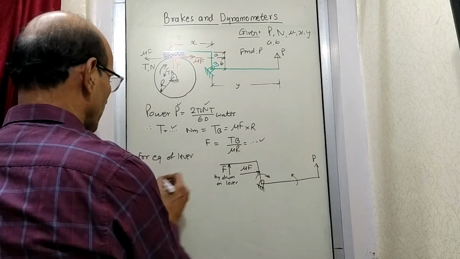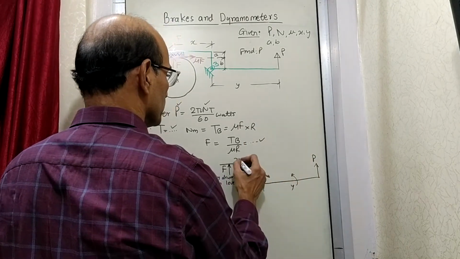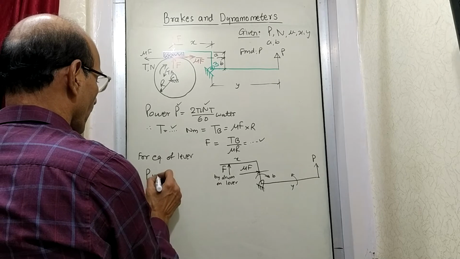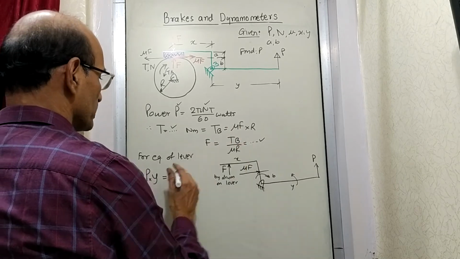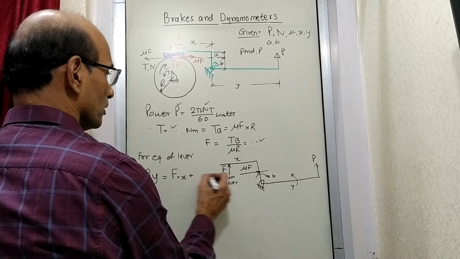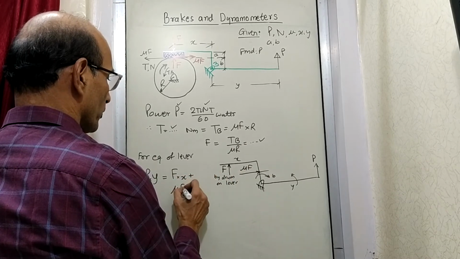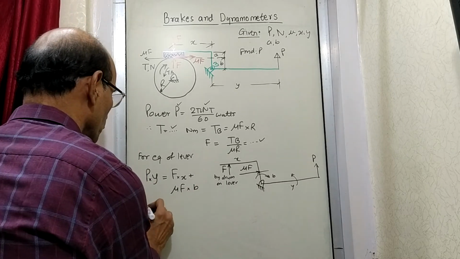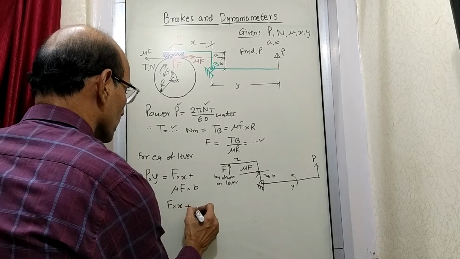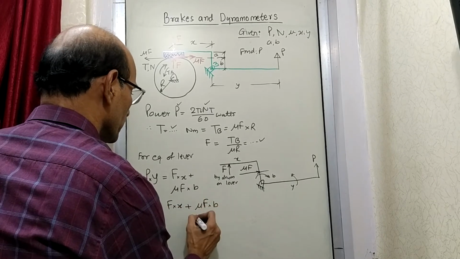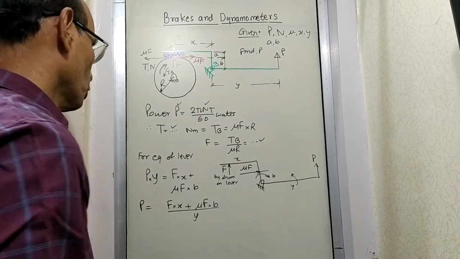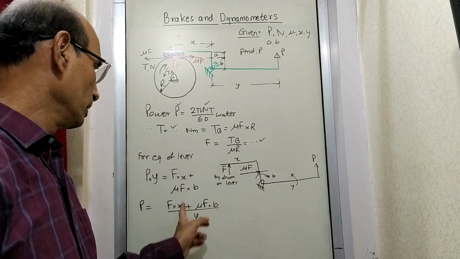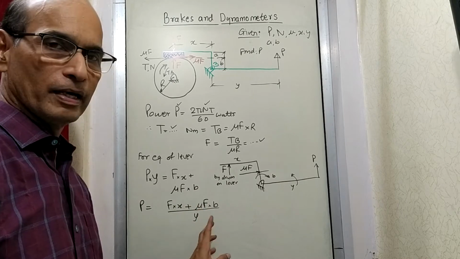So having done this, now you can see certain distances are there, this is Y, this is X, and from here to here it is B. So you can see that P into Y is equal to, on this side, F into X plus, right here, mu F into B. So P is equal to F into X plus mu F into B, divided by Y. All the terms on this side are known, because F was just now obtained, A, B, X, Y, everything is there, mu also is there.